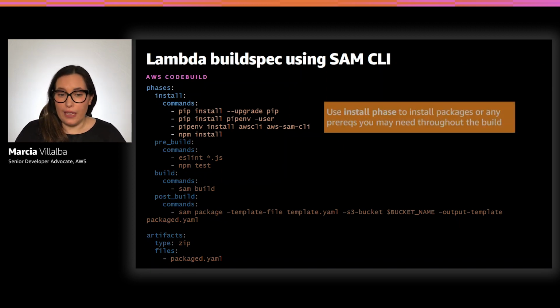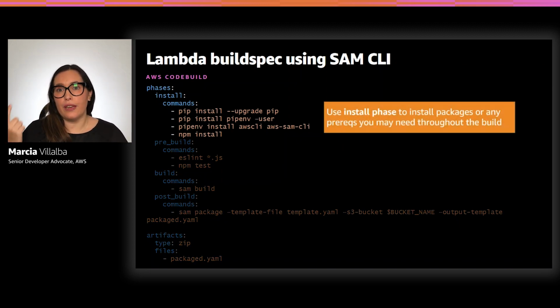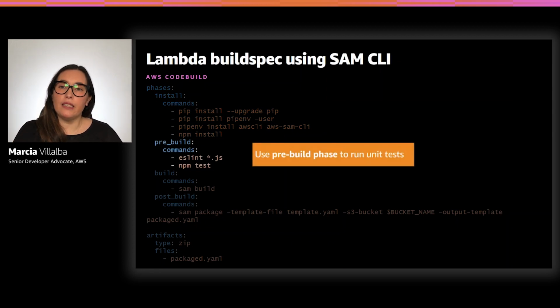The buildspec is divided into 4 phases. The first phase is the install phase, where we are going to install all the dependencies, all the packages we need in order to do the follow-up processes. Because it's a Docker image with nothing, I need to install the AWS CLI, I need to install the SAM CLI, and I also need to install my application. Then the next step is to run my linting and my unit tests. If I'm doing some CloudFormation tests, all of that happens here.